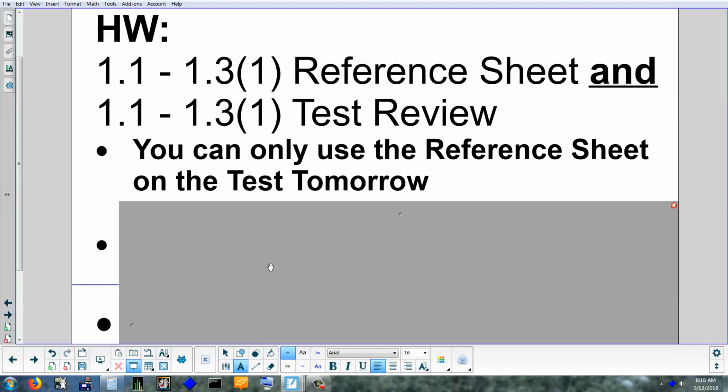You can only use the reference sheet on the test tomorrow. The test review says you can use it on the test, you can't. That was from last year. You can't use the test review, you can only use the reference sheet. And the reference sheet counts, you can have both things done to get full credit for your homework.